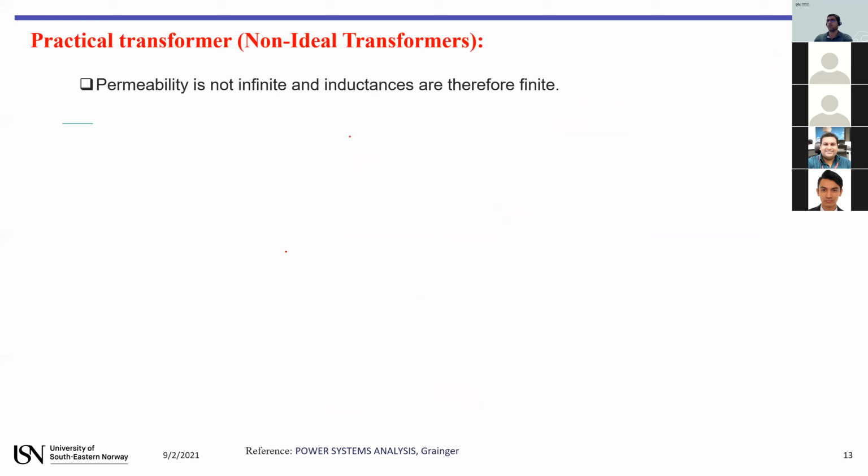Practical transformer, or non-ideal transformer. In the non-ideal transformer, the permeability mu is not infinite. So we have inductance, we have some kind of resistance in the magnetism that we show as an inductance.